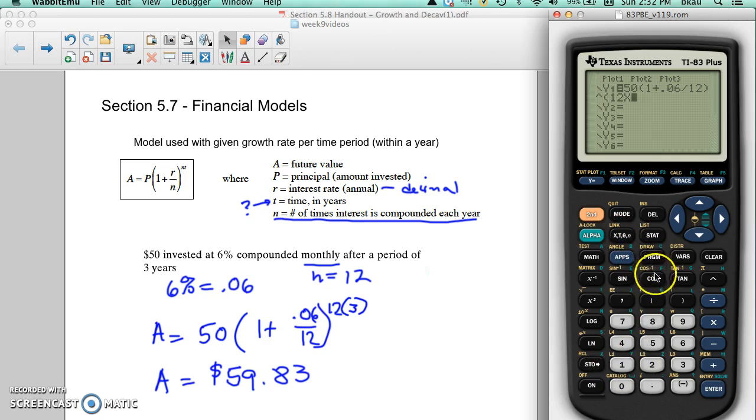We're going to just put x there instead of 3, and we're going to try to figure out what that value is. Now if we plug in this formula, we should be able to figure it out for every year using our table function on our calculator.